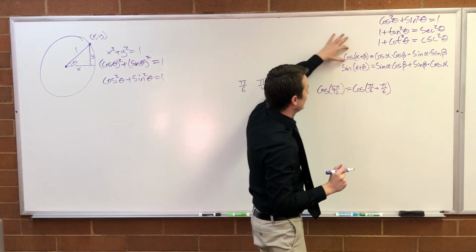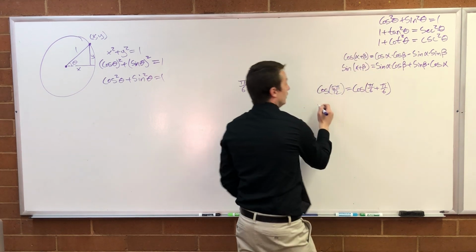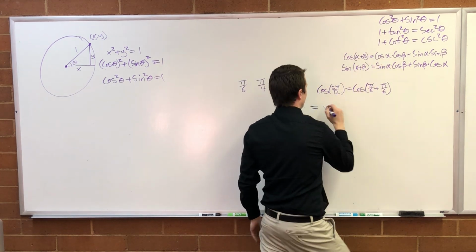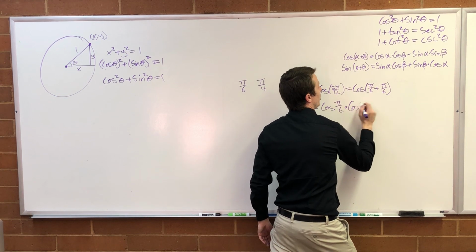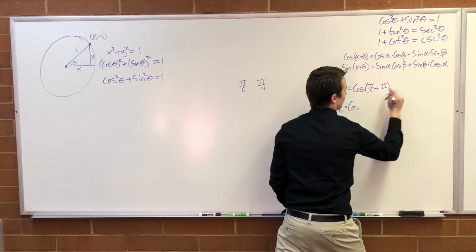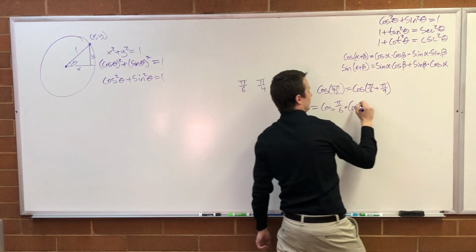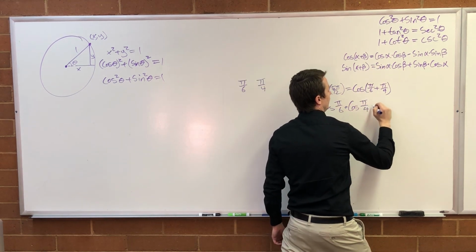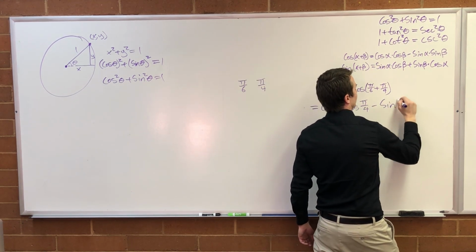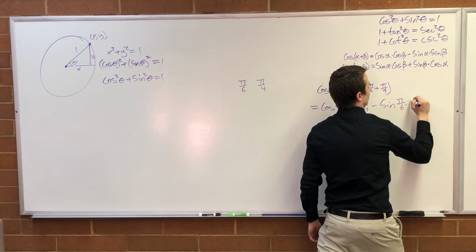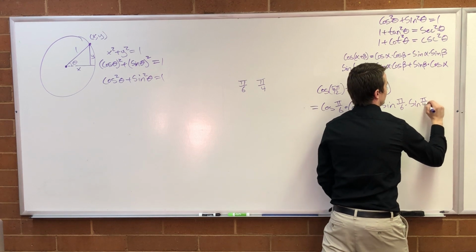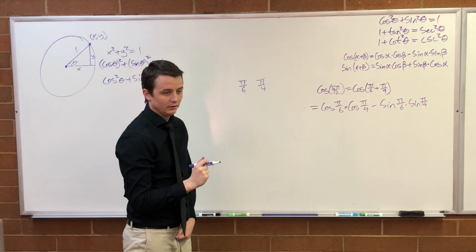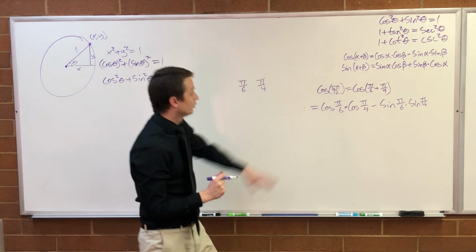And then we can just use this identity to see what that equals. So that's cosine of pi over 6 times cosine of pi over 4 minus sine of pi over 6 times sine of pi over 4.